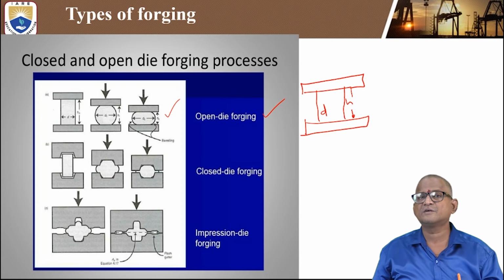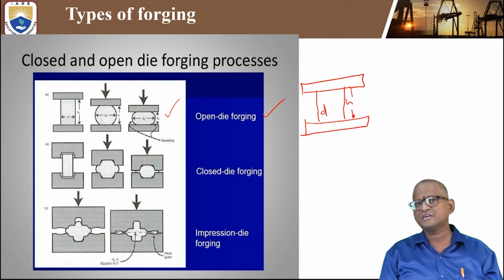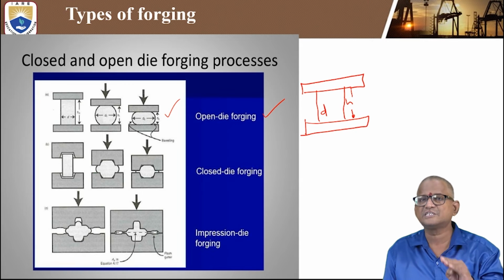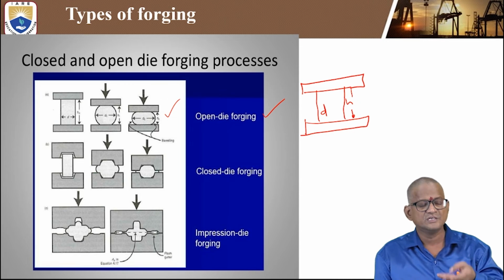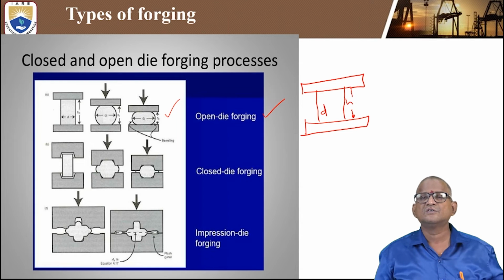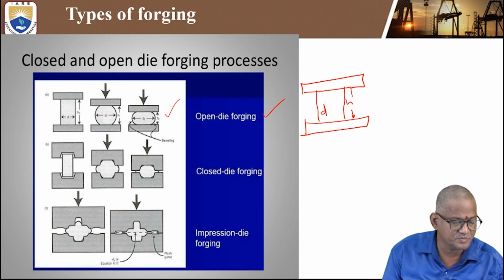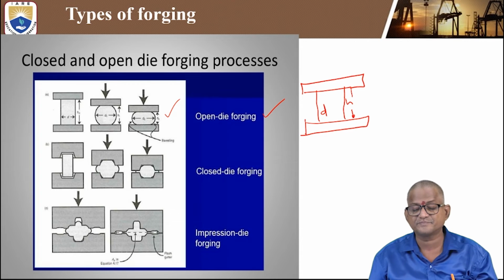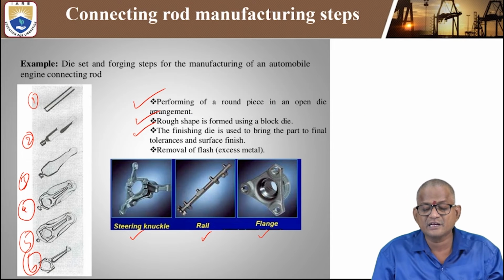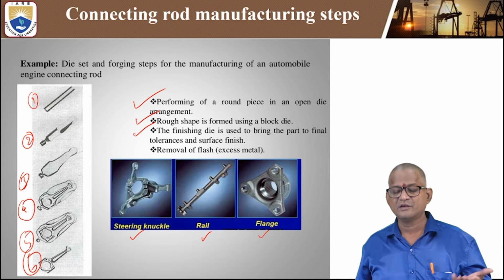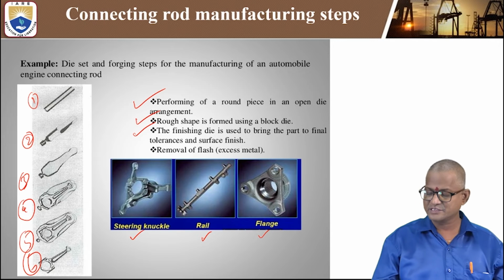Okay. And coming to closed die and open die forging, it can again be subdivided into three types. One is open die forging, second is closed die forging, and third is the impression die forging process. And the connecting rod manufacturing steps. You can assume the connecting rod, or let us see, a spanner.